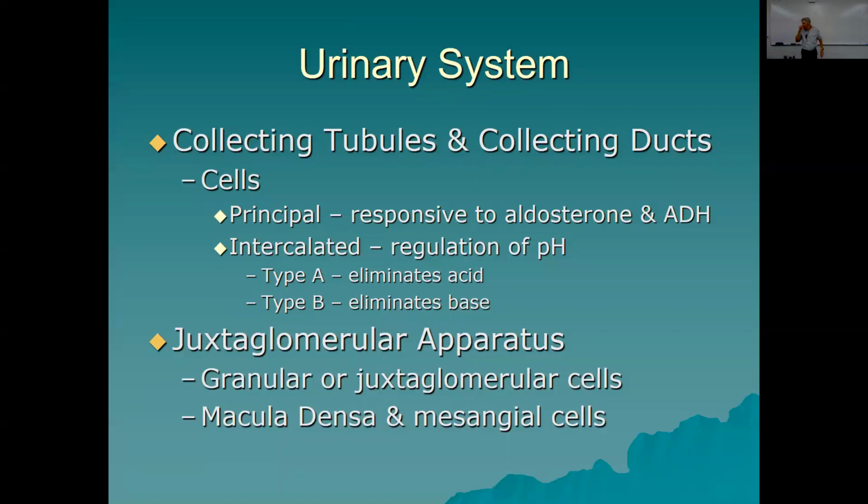Okay, collecting tubules and collecting ducts. Those cells I just mentioned that line the collecting ducts, the principal cells and intercalated cells. The principal cells are the cells that have receptors for aldosterone and ADH, or anti-diuretic hormone. And remember what these guys do? Aldosterone stimulates the reabsorption of salt and therefore also reabsorption of water.